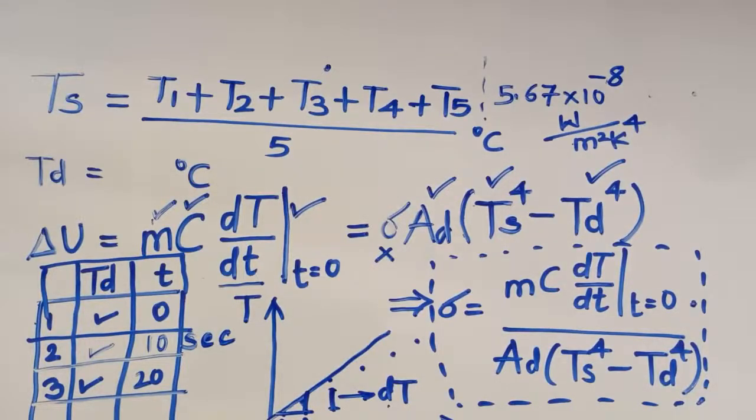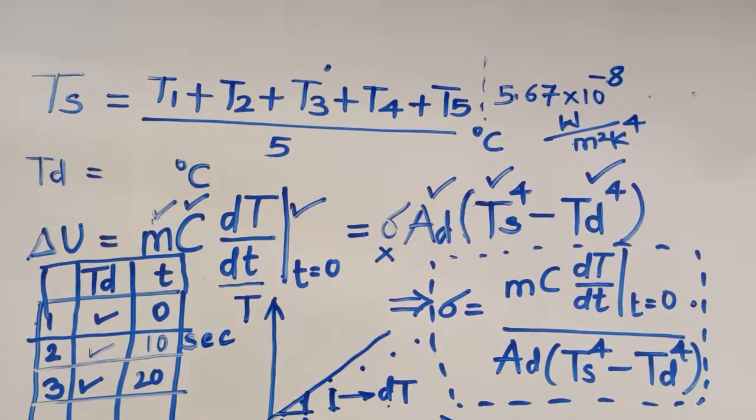Why is this happening? Because the radiation heat transfer that we are considering is happening at a very low temperature. Temperature of water is hardly 90 degrees Celsius, or you cannot go beyond 100 at atmospheric pressure because of the possibility of steam formation. So we are studying the radiation at a very low temperature.